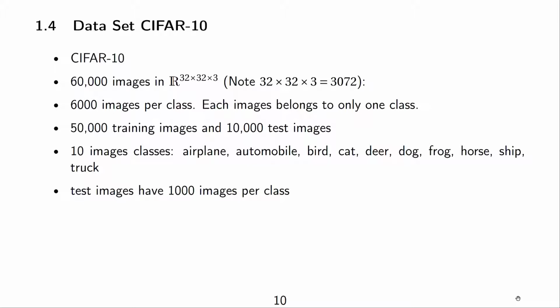And the test images have 1,000 images per class. So this is an example of a really well-balanced dataset, and you could think about this as something like the Hello World dataset of deep learning. And with this dataset, you can train a model from scratch, and you can get some reasonable results.